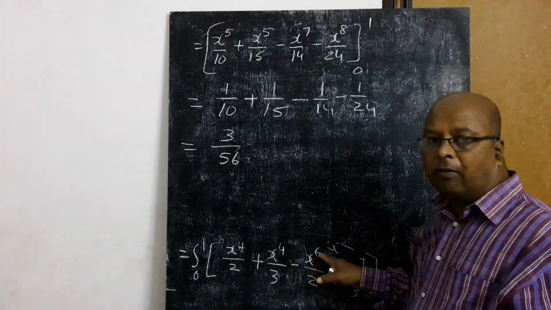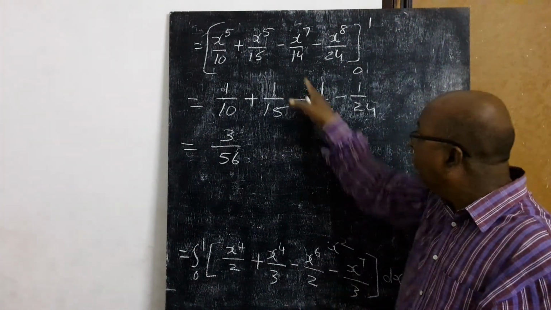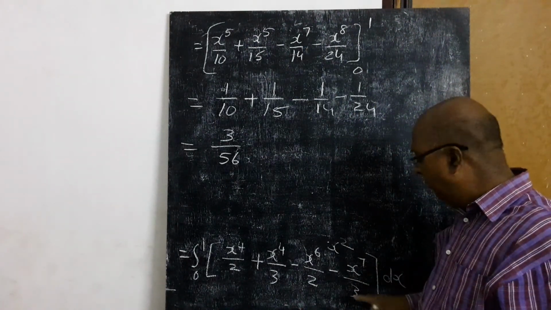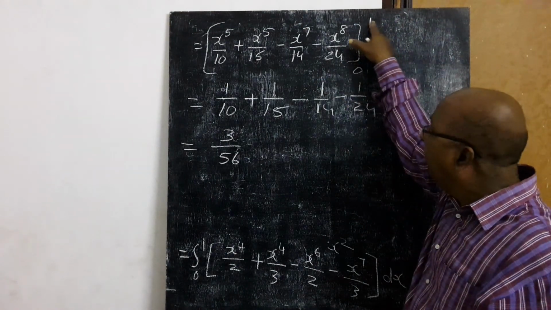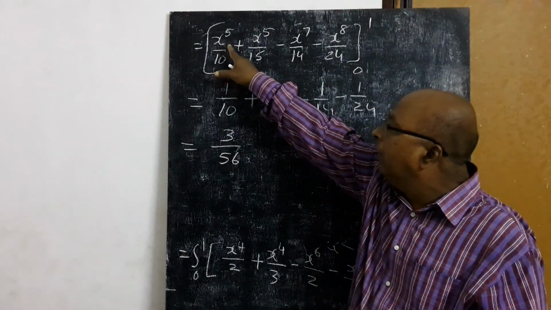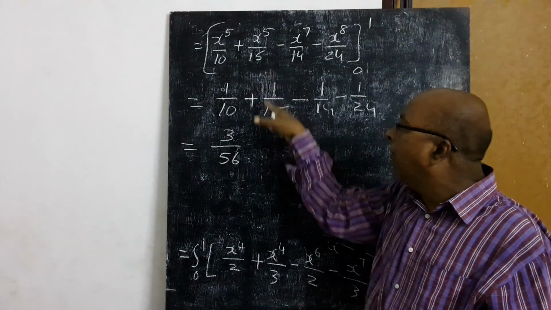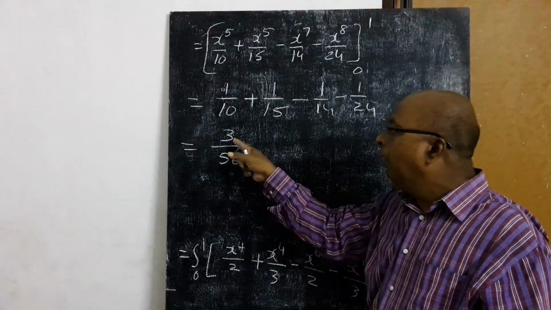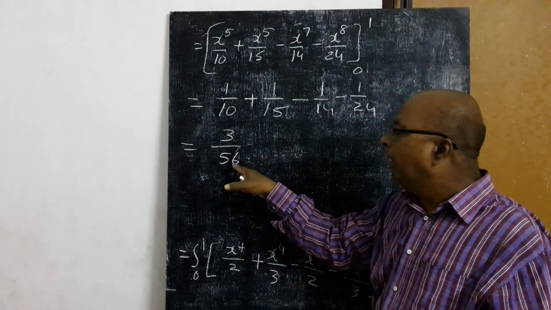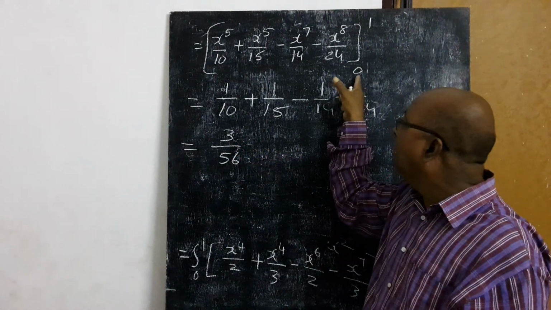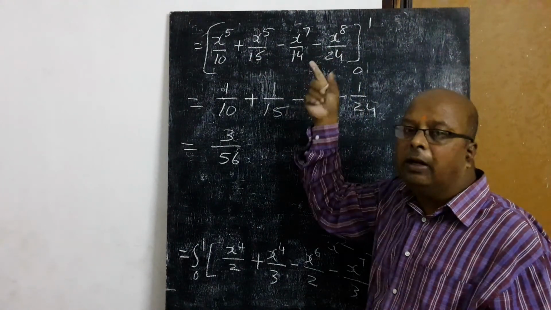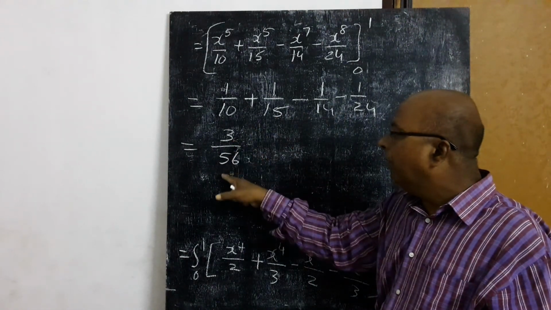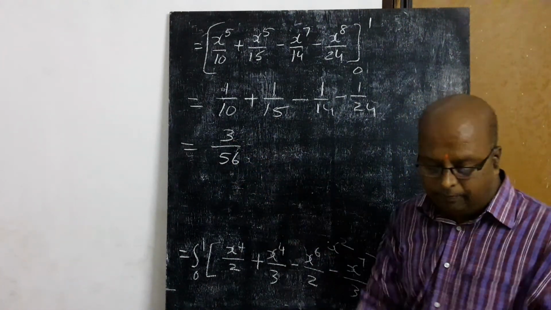Integral of x power 6 is x power 7 by 7, 7 into 2 is 14. Integral of x power 7 is x power 8 by 8, 8 into 3 is 24. Substituting the upper limit, instead of x write 1: 1 by 10 plus 1 by 15 minus 1 by 14 minus 1 by 24. Taking the LCM and simplifying we get 3 by 56. For the lower limit, putting x is equal to 0 we get 0, so we need not write it. So the upper limit, put x is equal to 1 and simplify, we get 3 by 56.